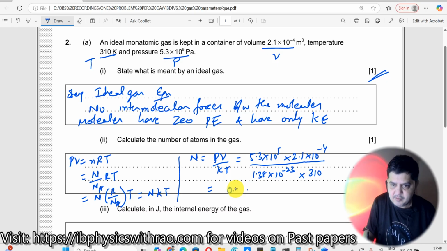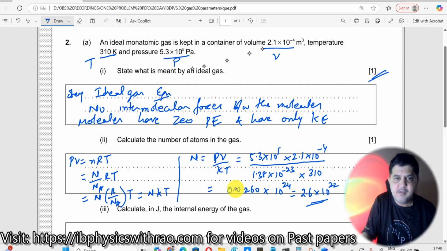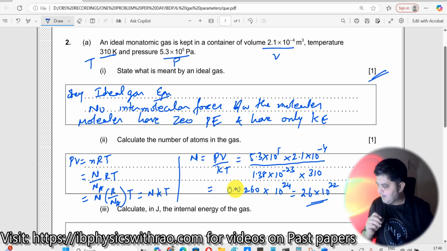Write this down, 0.0260 multiplied by 10 to the power of 5 minus 4, which is 1, and 1 plus 23 is 24. So I can write this as 2.6 × 10^22 molecules. You see, 2 significant figures here. So 2.6 × 10^22 molecules.